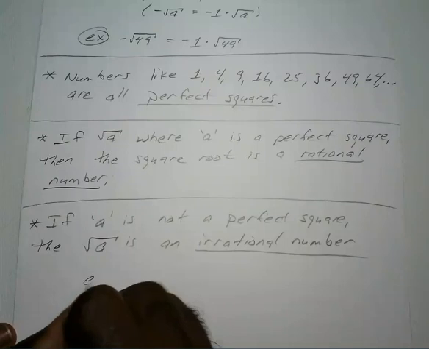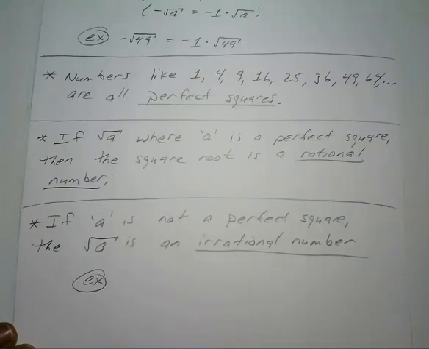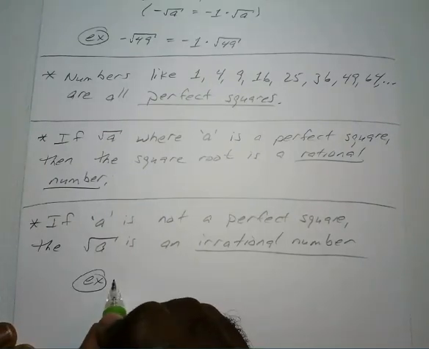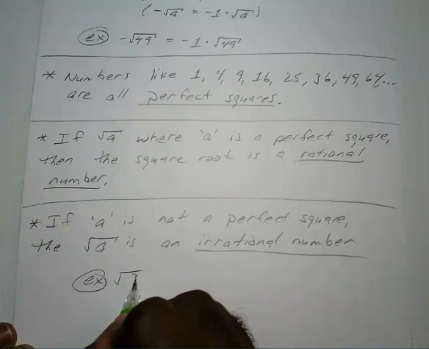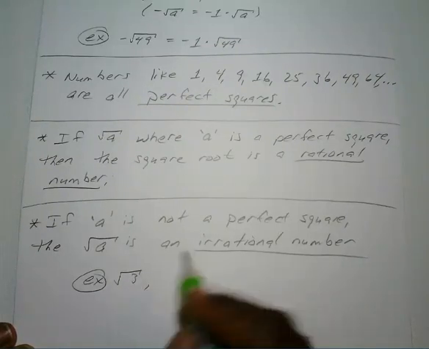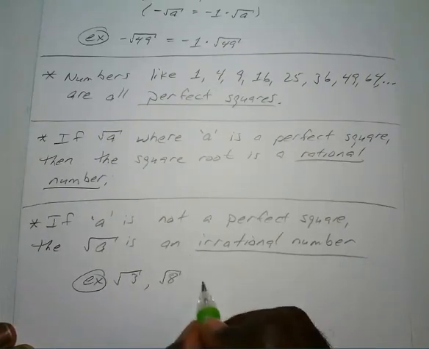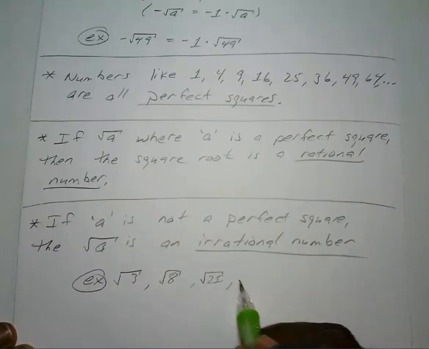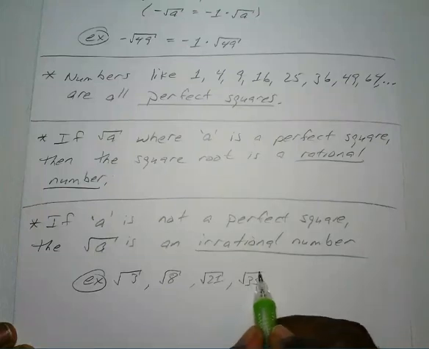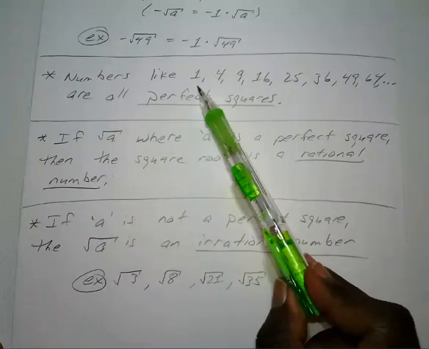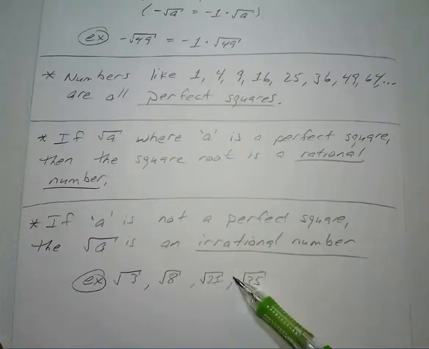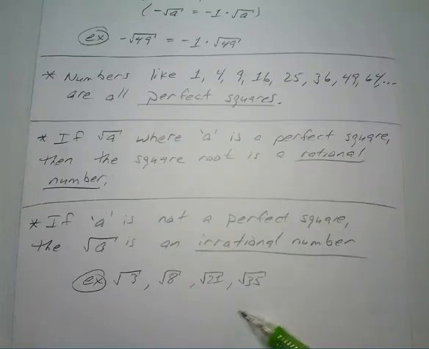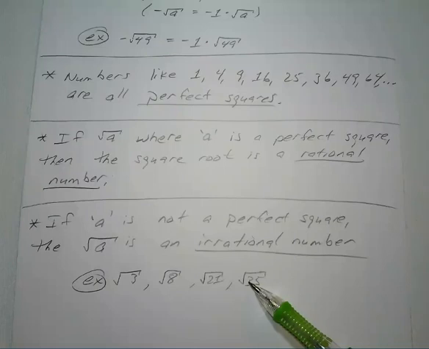So for example, if you have the square root of 3, or the square root of 8, or the square root of 21, or the square root of 35, any number that's not a perfect square, if you take that square root, you'd get an irrational number. Basically, an irrational number is just a decimal that could go on forever.